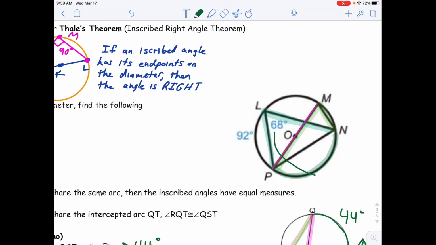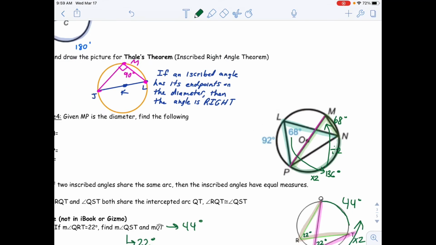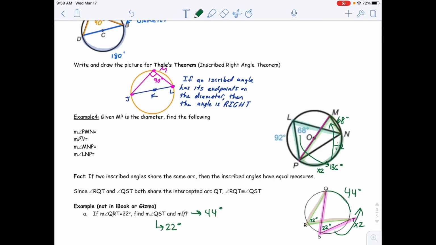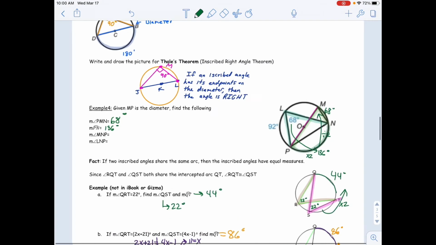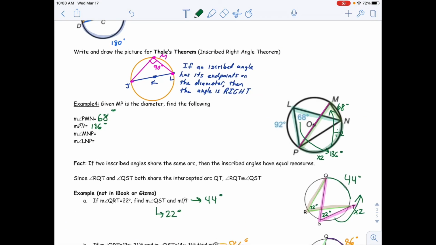So to go from here to find this, I'm just going to multiply 68 by 2, and it's 136 degrees. All right? Which means to find that angle, all I got to do is divide by 2, or I could identify that's just the same number. It's 68 degrees. All right? 68 degrees, and I really just found measure of arc PN because of that as well. So cool. Knocked out one thing, or two things I should say.